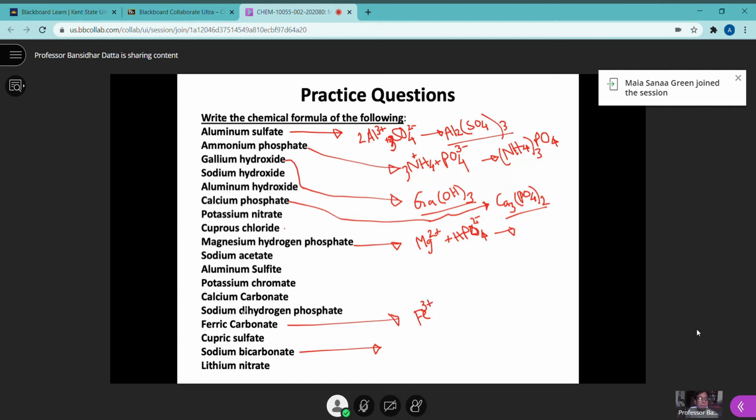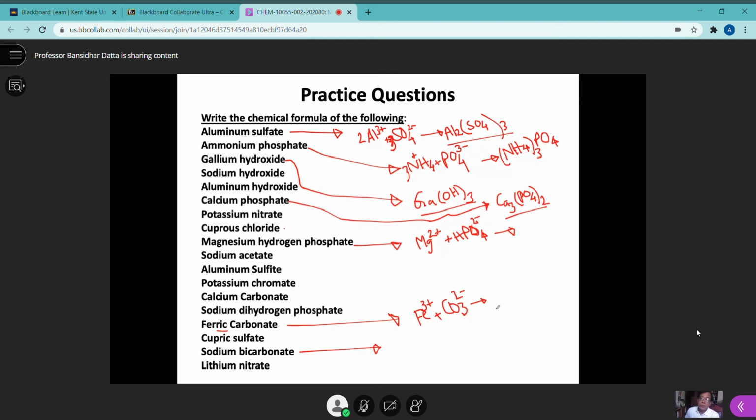Ferric, ic, so that means it's the higher charge. Ferric 3 plus and CO3 2 minus. Now you have to write down clearly first. If you write down side by side, then it will be easy for you to get the formula right. Tell me now.